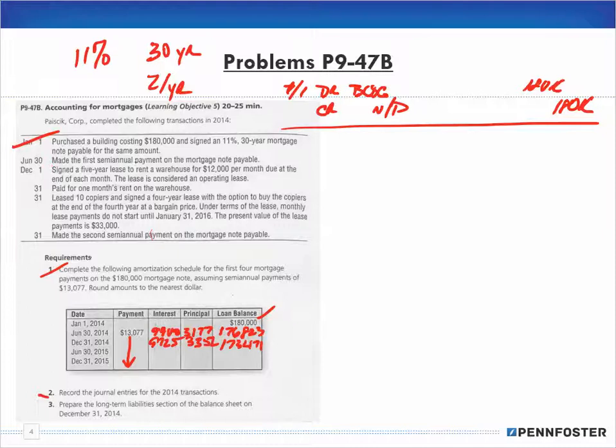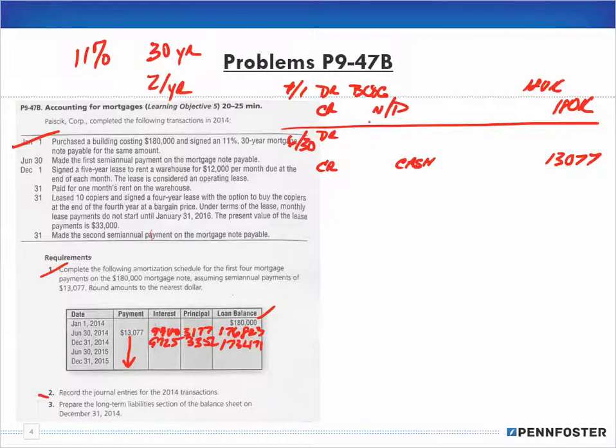June 30th, made the first semi-annual payment on the mortgage payable. So on June 30th, we're going to make the mortgage payable, right? So we're going to make the payment on the mortgage, so we're going to credit our cash for the $13,077, and now we have to record the principal and interest.